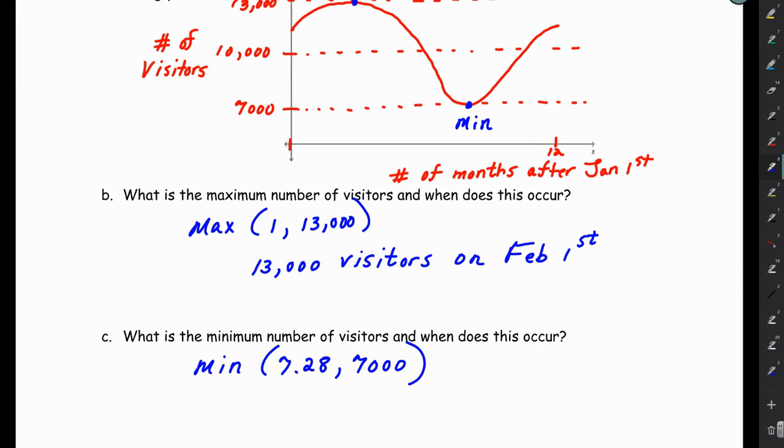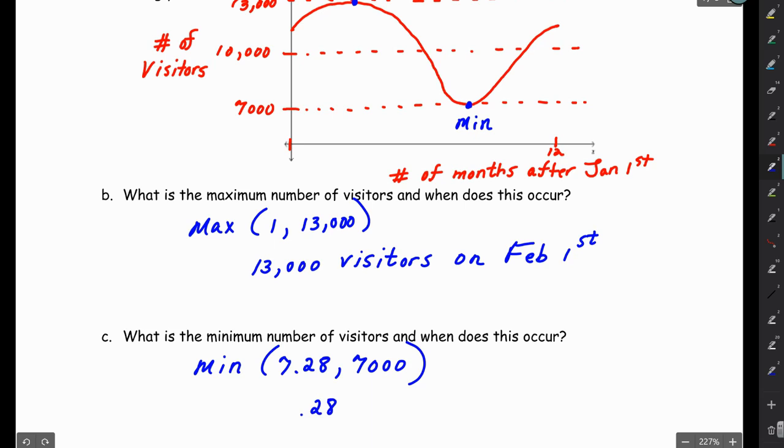So remember that the x value is telling me how many months after January 1st. Well, I know that it's 7 months after January 1st. So 7 months after January 1st would put me in August. And then I have this value of 0.28.